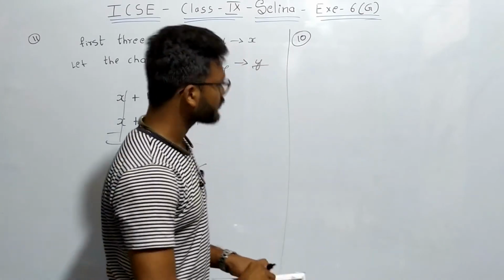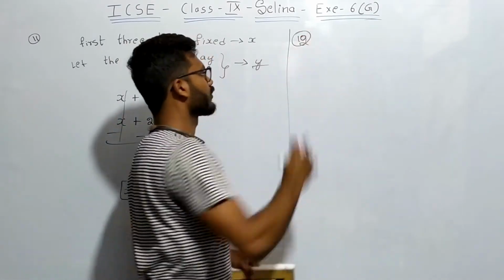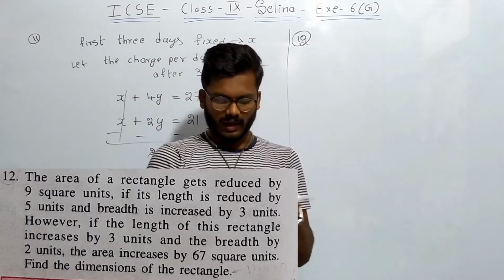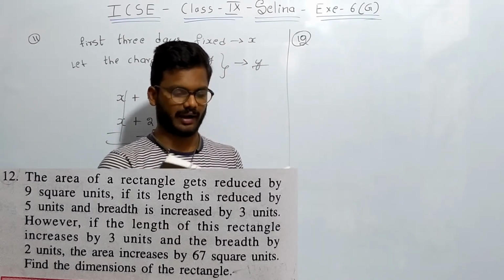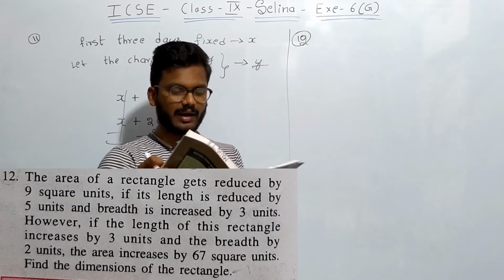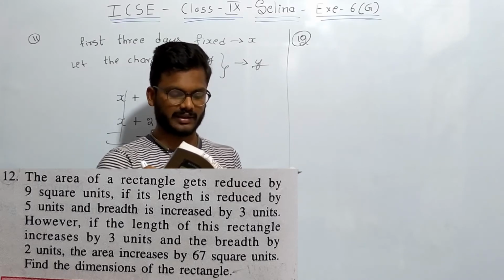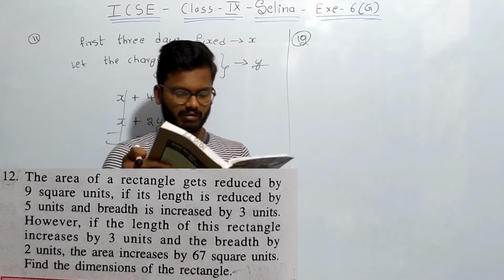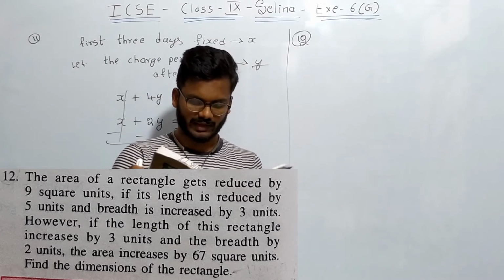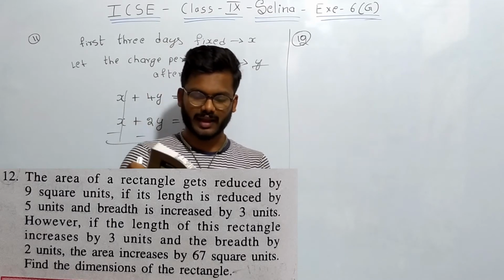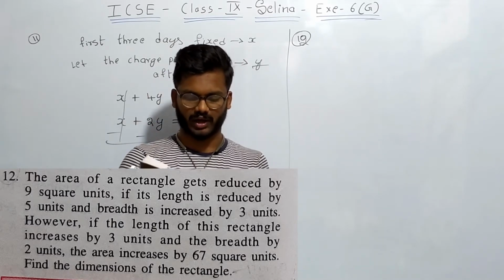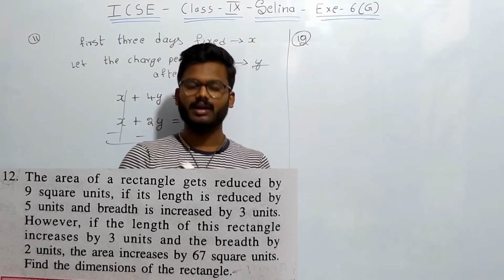See what it is. The area of a rectangle gets reduced by 9 square units if length is reduced by 5 units and breadth is increased by 3 units. However, if the length of the rectangle increases by 3 units and breadth by 2 units, the area increases by 67 square units. Find the dimensions of the rectangle.